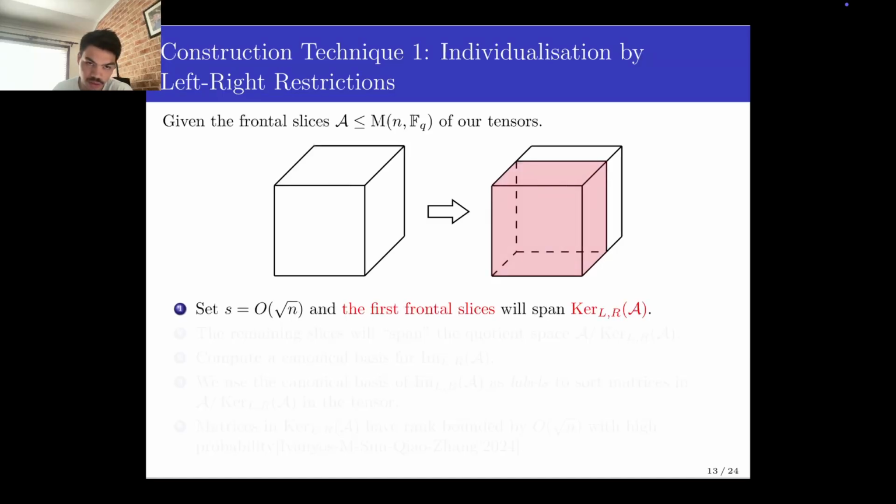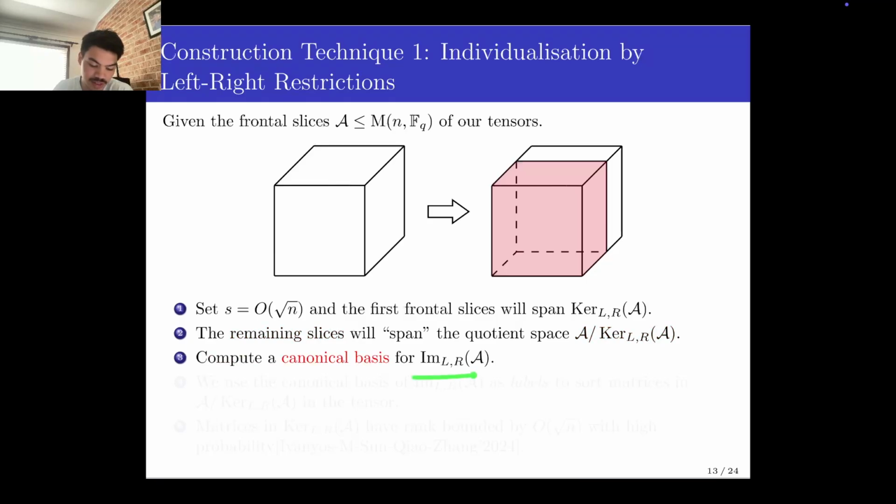So in the actual algorithm, we can set this parameter S to be O(square root of n), and by change of basis matrices, we can set this kernel space to span the frontal slices of the tensor. And then the remaining slices will consist of the quotient space here.